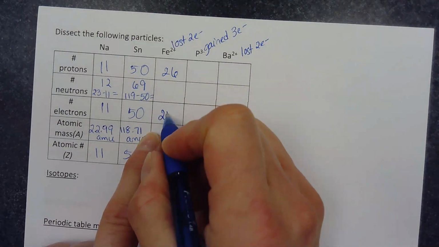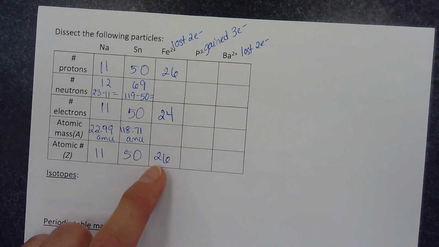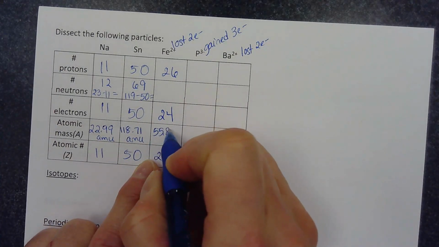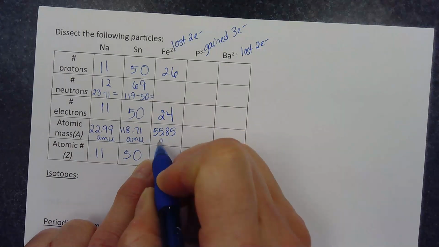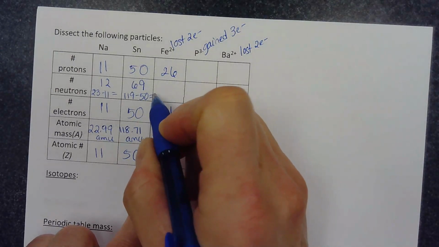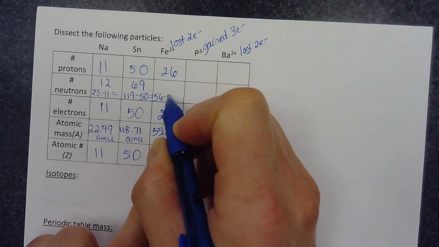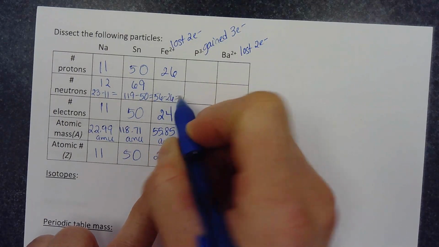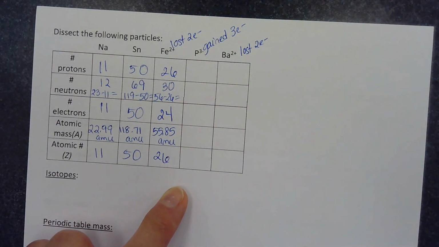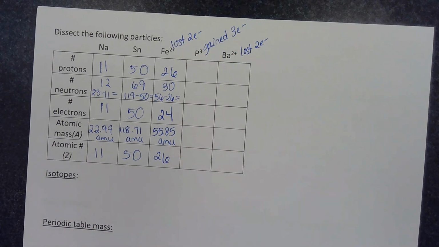Very good. Mass is no different. What's the mass? Good. 55.85 AMU. And how do we determine neutrons? 56 minus what? 26 equals 30. Yes or no, guys? All right, you do the next 2.